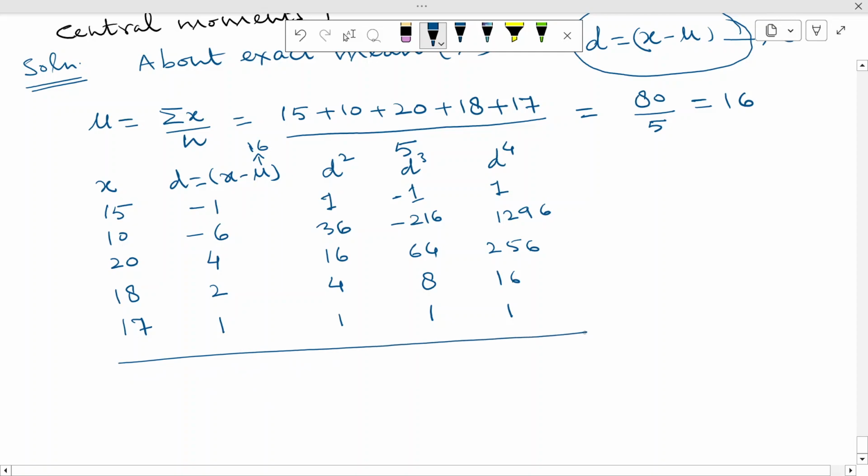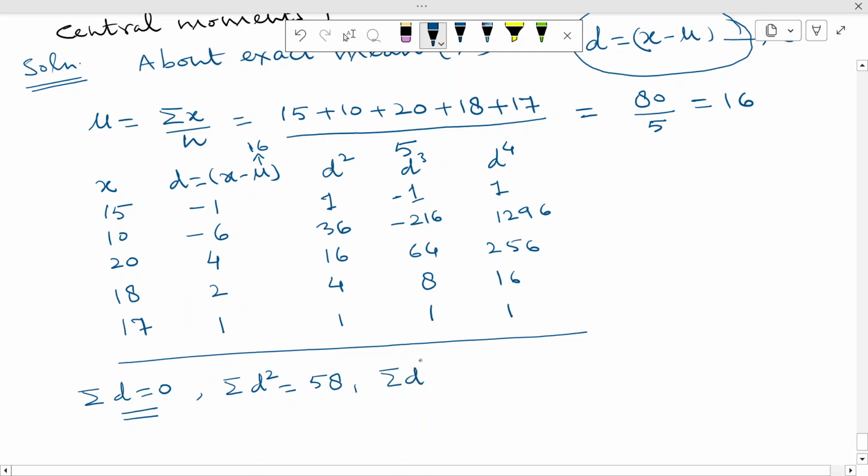So now we know that our summation d is always 0. Why? Because we are taking this deviation from the exact mean, and the sum of the deviation taken from exact mean is always 0. Now next we have summation d square, which is coming out 58.